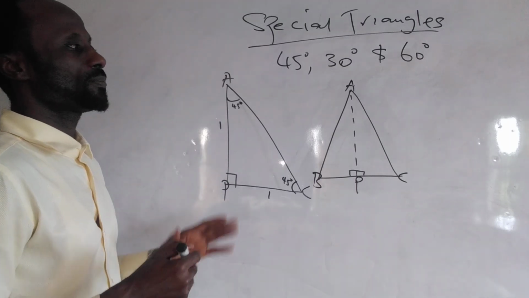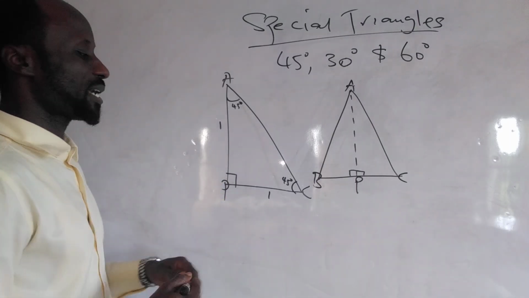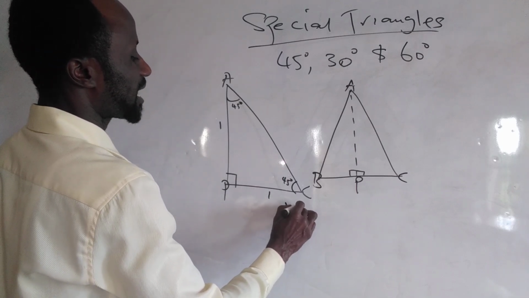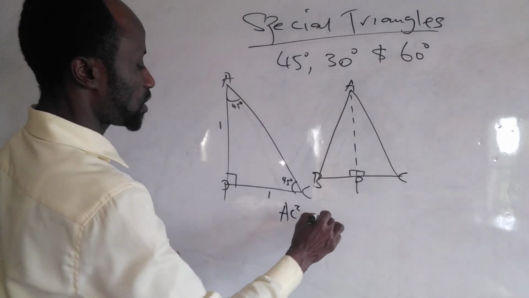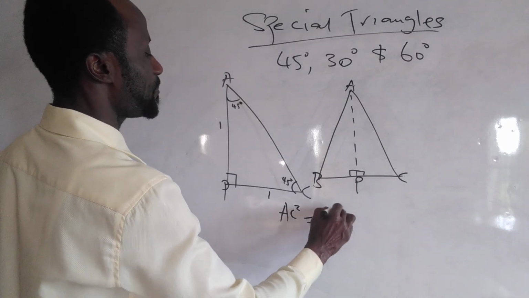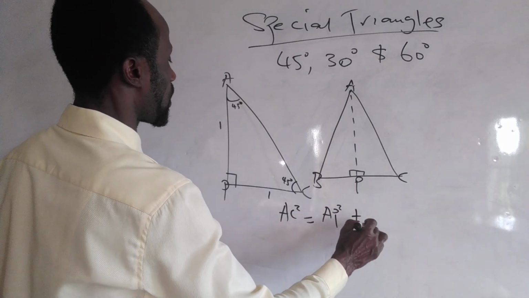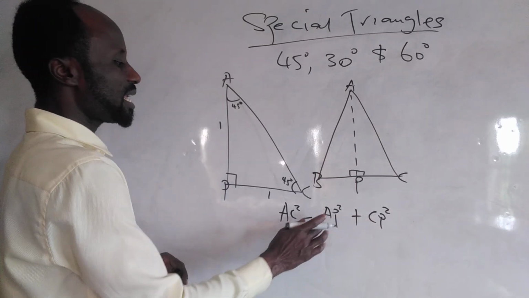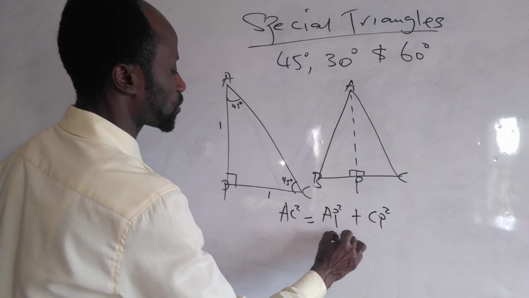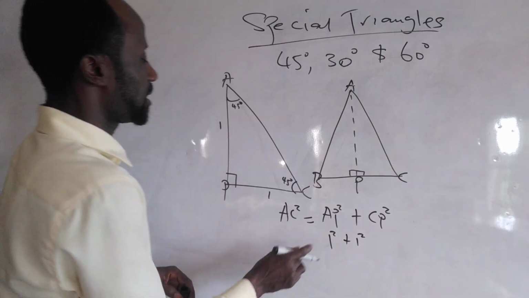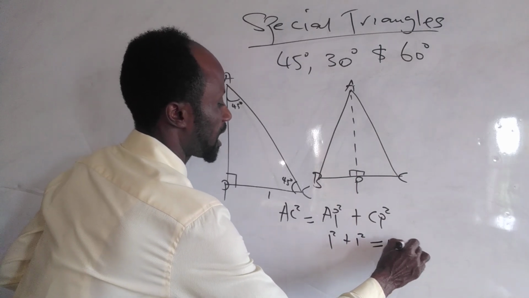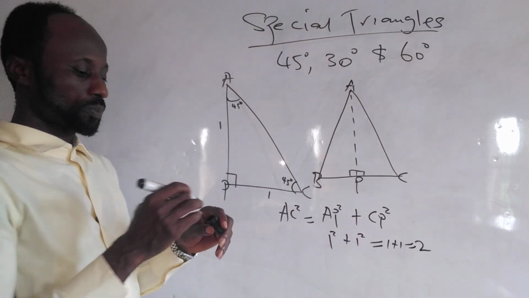Okay, now I must obtain side AC. How do I do that? That is when I need to apply Pythagoras theorem. So now side AC, I can have that AC squared is equal to AP squared plus CP squared. What is AP squared? That is 1 squared plus 1 squared. Now this is equal to 1 plus 1, and that is equal to 2.